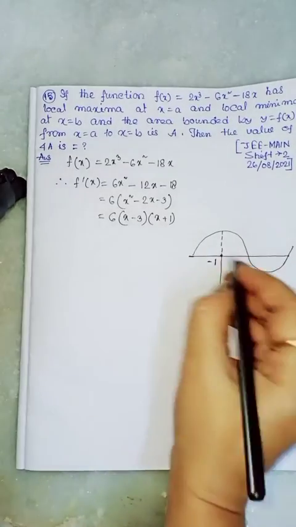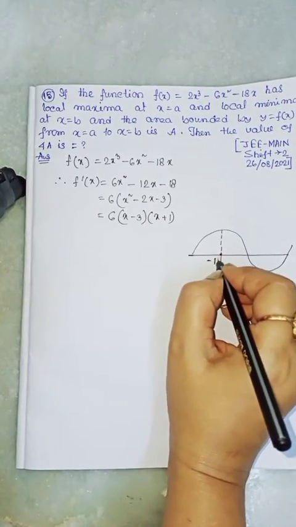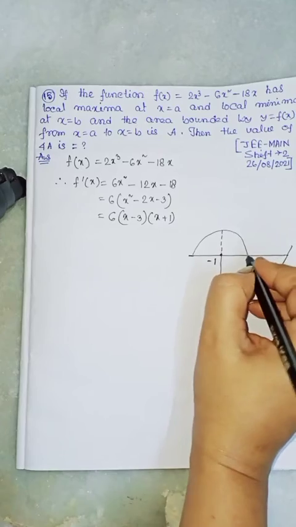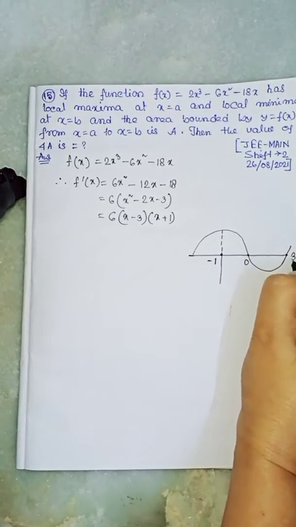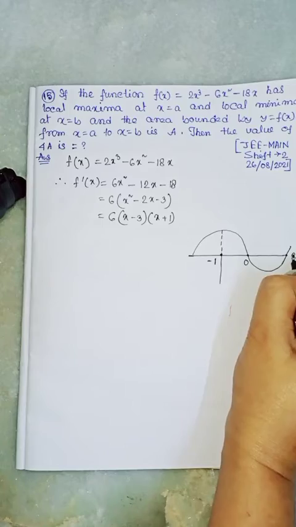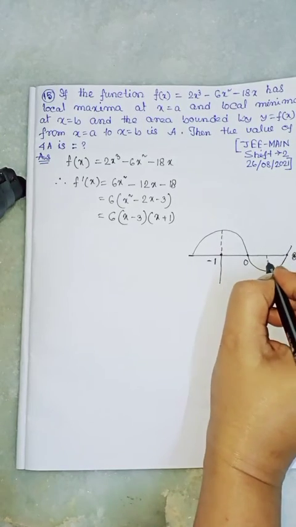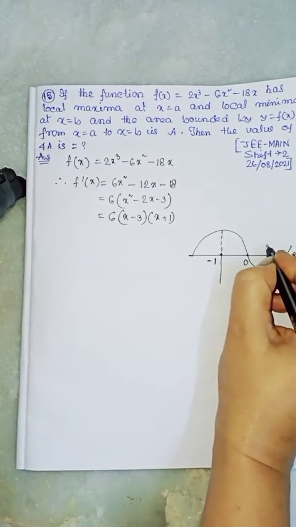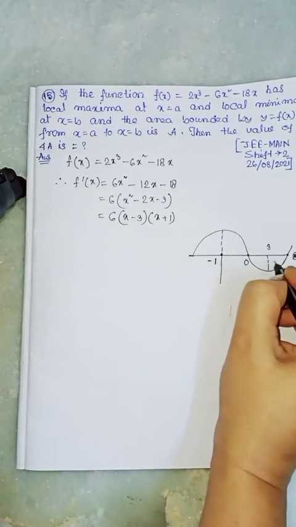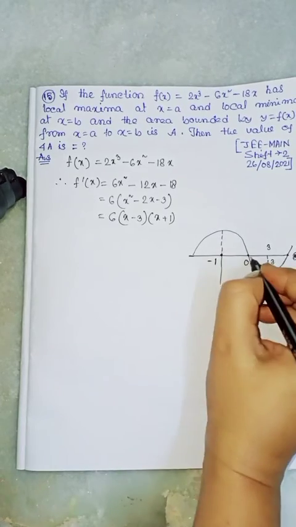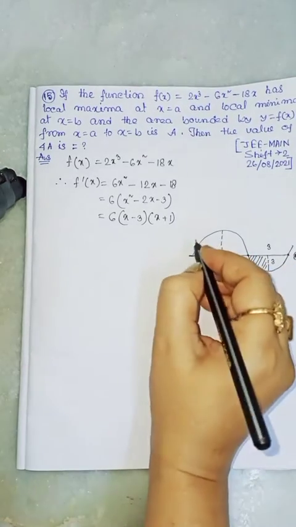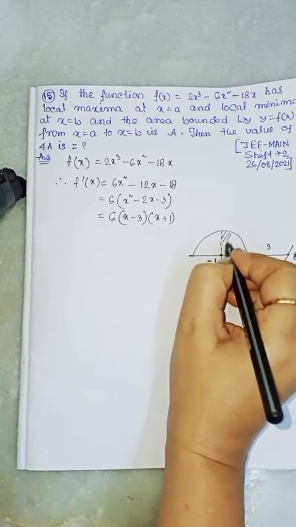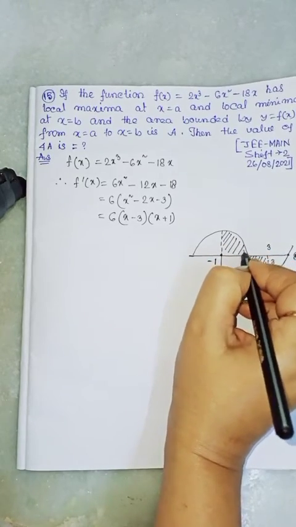So this one is the lower limit and this is 0 and here is the point 3. So we should calculate the area of this part and this part, which is bounded by the curve.